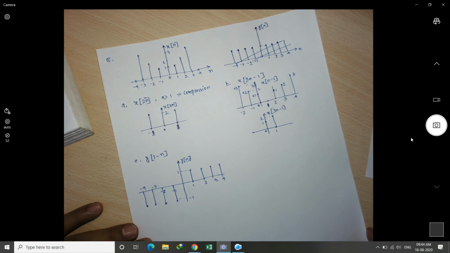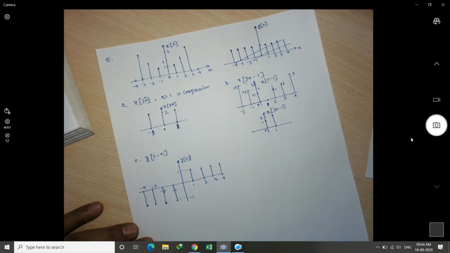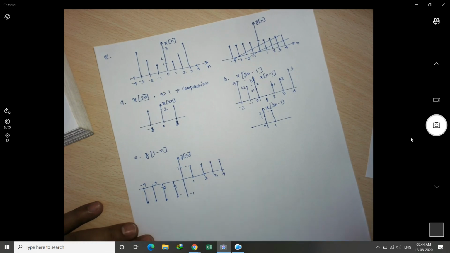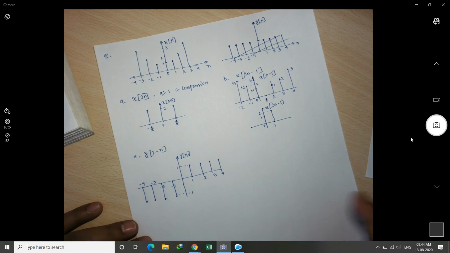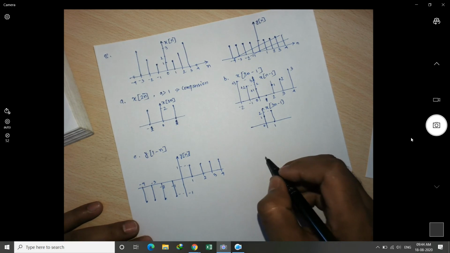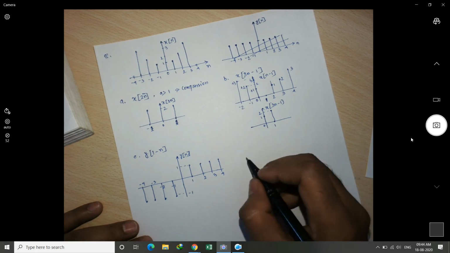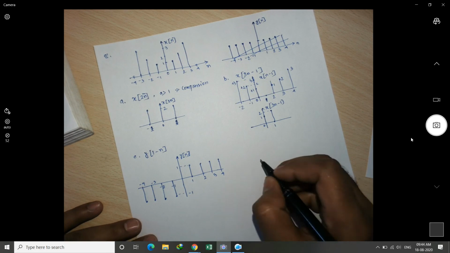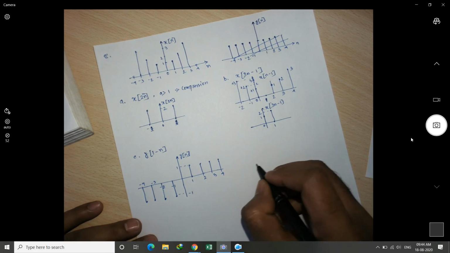So first let us shift this one location to left hand side this way. So it will go up to -5, right? So let us take this intermediate signal.